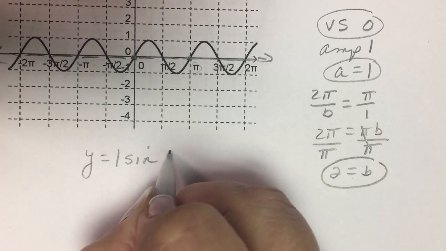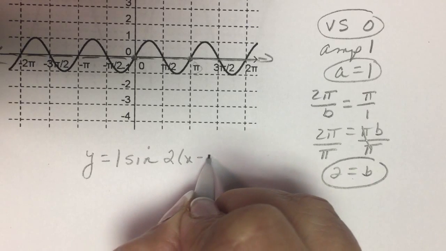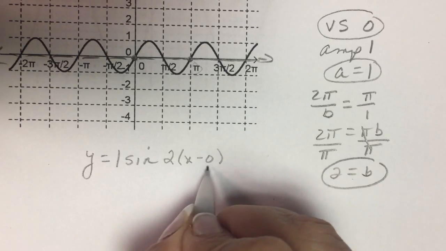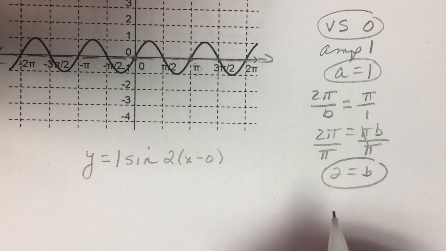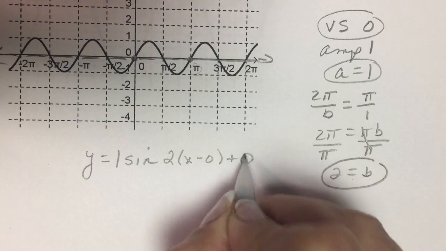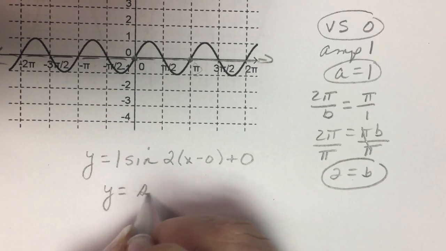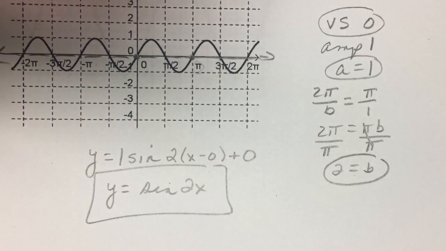My b is 2, so it's 2x. If you wanted to put x minus 0 here, that would be fine. There's a 0 phase shift, so you really don't need to do that, but if you wanted to, you could. And then there is no vertical shift, so that would be just plus 0. So if I simplify that, it's just sine 2x.